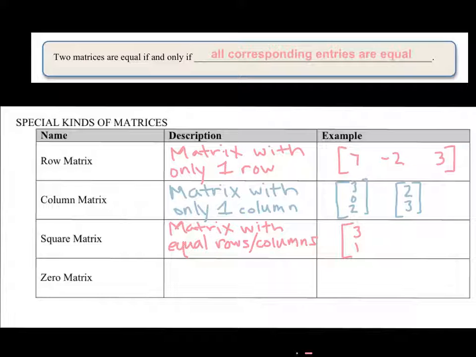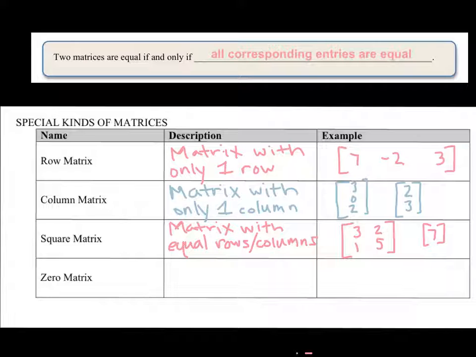So something like this, a 2 by 2. You could even have a 1 by 1. So with a single entry, it's still 1 by 1. Row and columns are equal. It just happens to be a single entry.